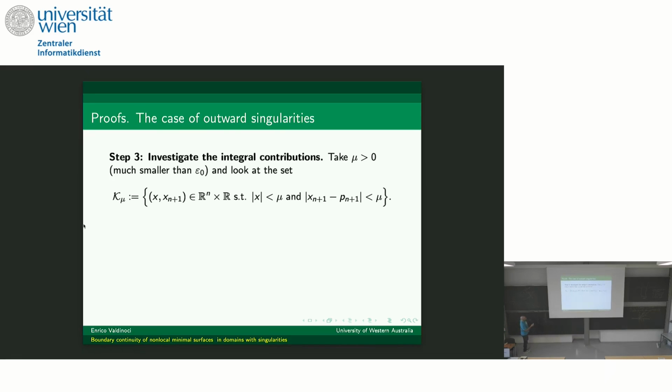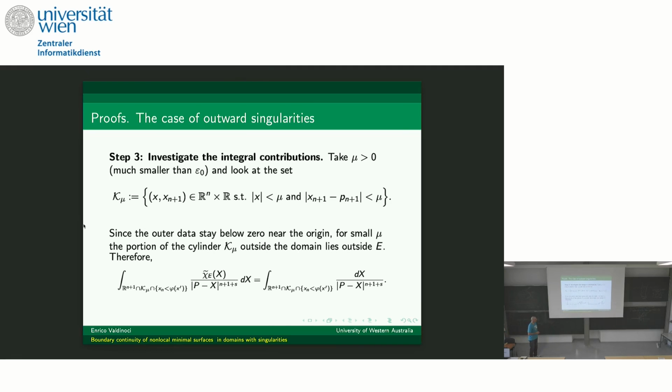So I have a small parameter mu. Mu is both the radius of this ball and this height, and this is what I call K_mu.